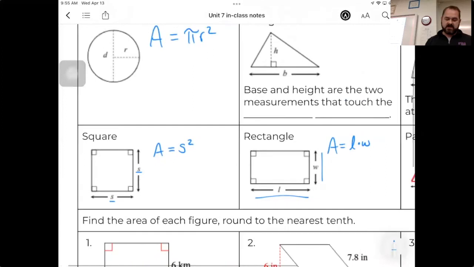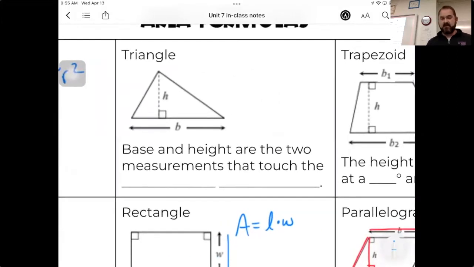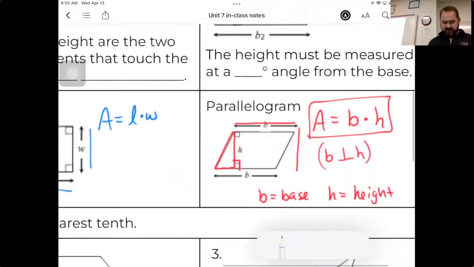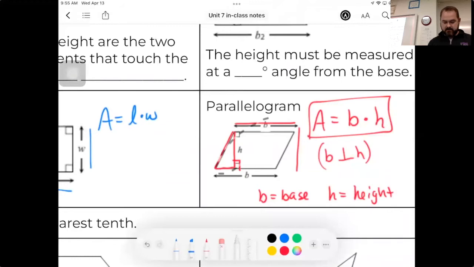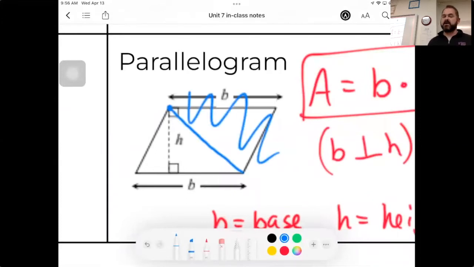All right, so there's a couple other ones we want to talk about, and the first of those is a triangle. Now, a triangle has these same dimensions, base and height, and I want you to look at this example down here. If I look at this parallelogram, and if I were to take this top corner up here and cut diagonally down to here and get rid of that shape, I get a triangle.